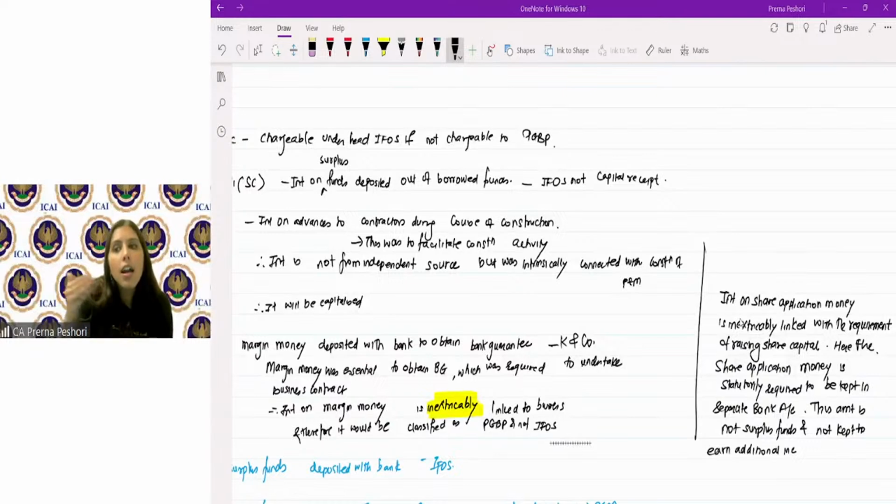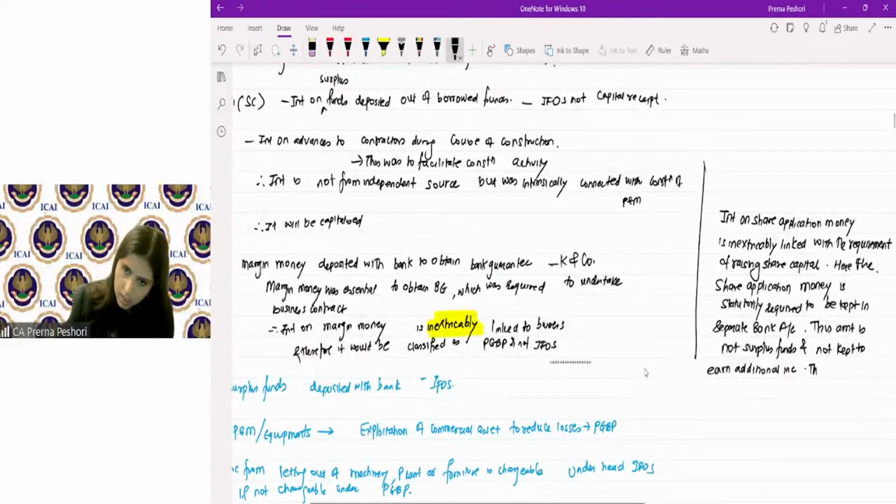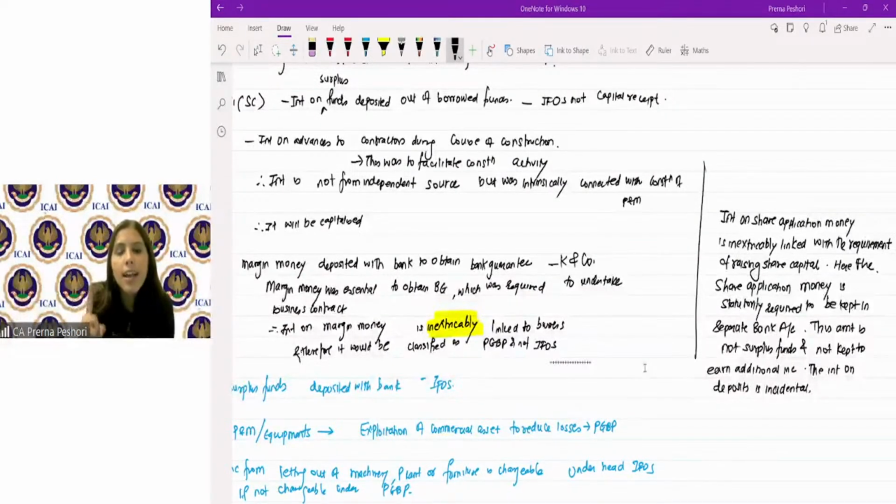The interest on these deposits is merely incidental. So interest will not be taxable as the income from other sources. Okay. Therefore, not chargeable as income from other sources.